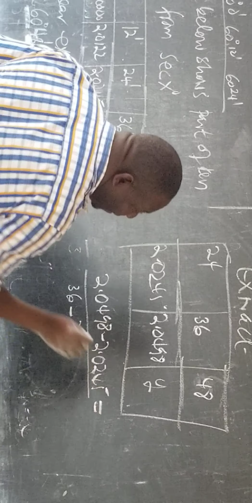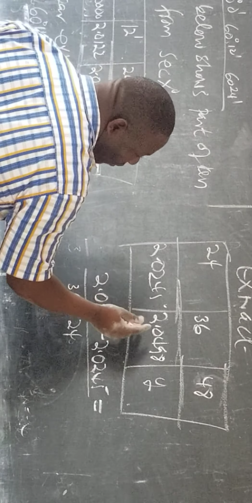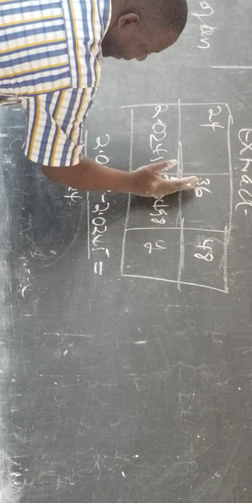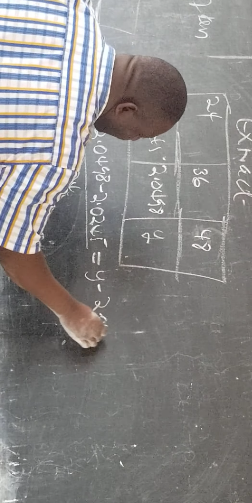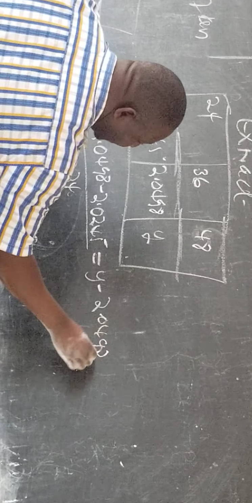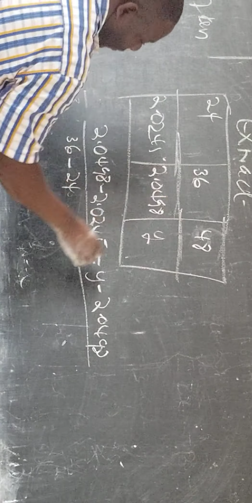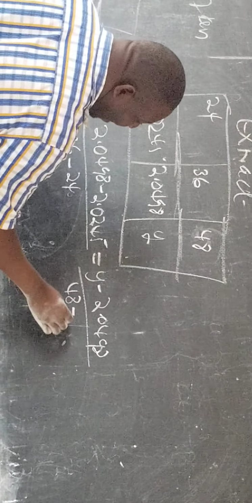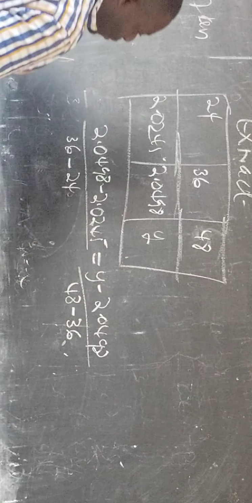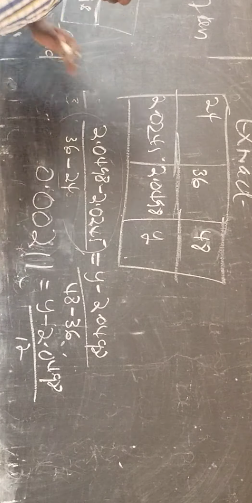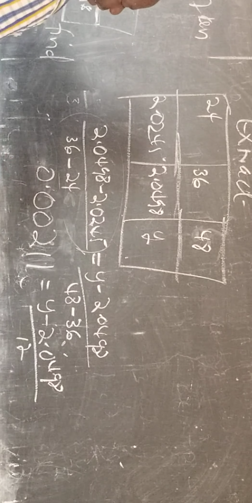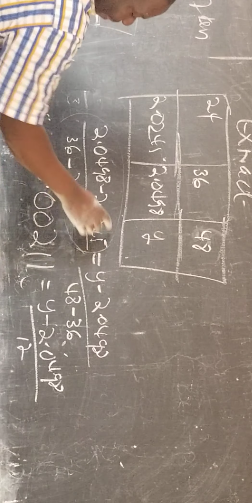And then we can also use this point and this one, the change in y, y minus 2.0498, over the change in x, which is 48 minus 36. So we use the calculator. When you press the calculator, you will come up with the whole of this term here.